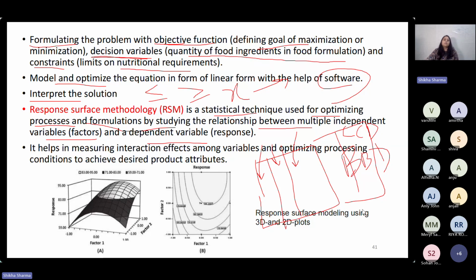Then also the flavonoids, also we can use the phenolic contents. So these can be used as the response or dependent variables.